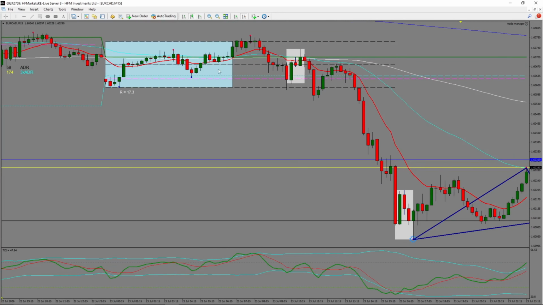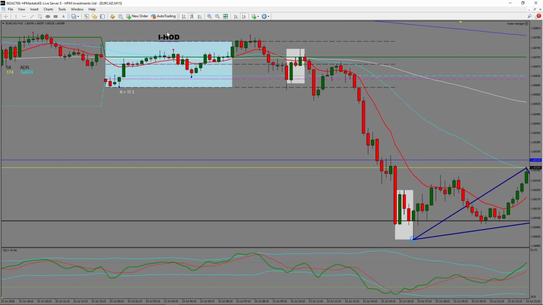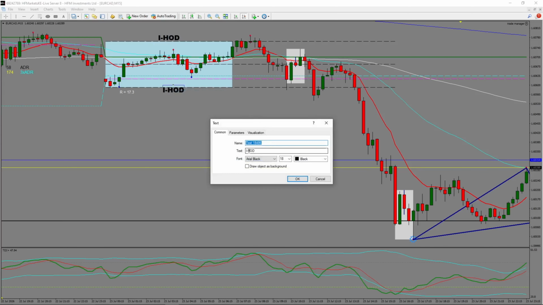We can also label this one. You can see it's 17 pips. So the first thing to do is the initial high of the day. You label the initial high of the day, and then your initial low of the day.